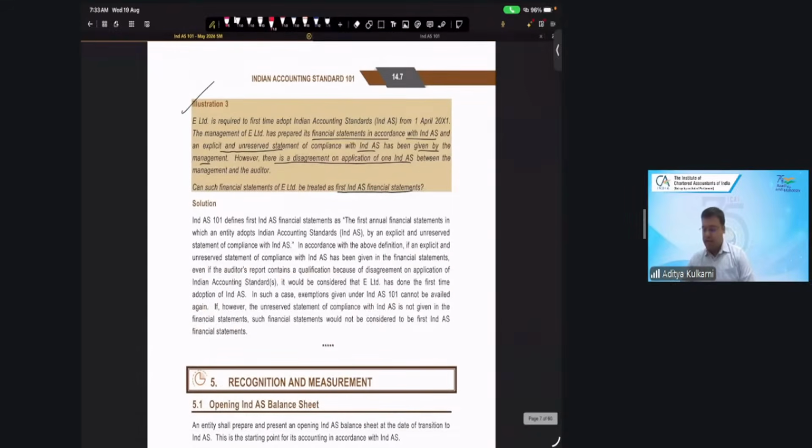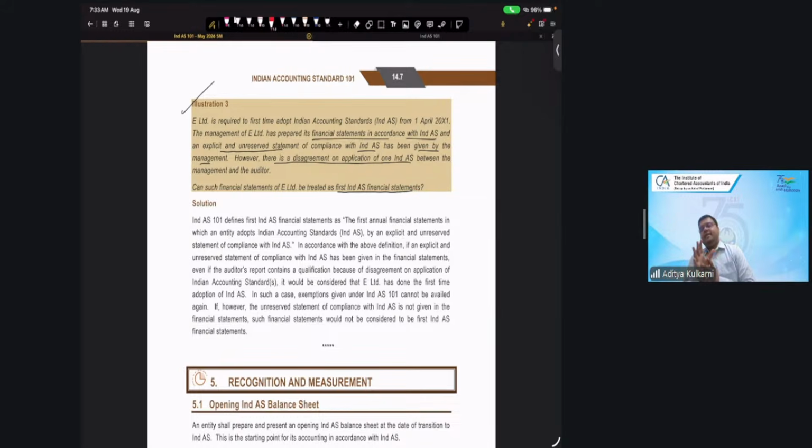E Limited is required to first time adopt Ind AS from 1st April. The management has prepared the financial statements and given an explicit and unreserved statement of compliance. However, there is a disagreement on application of one Ind AS between the management and the auditor. Can such financial statements be treated as first Ind AS financial statements?